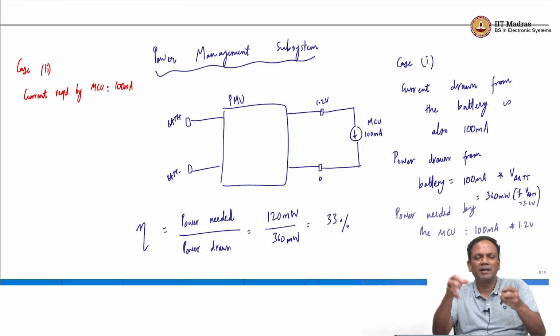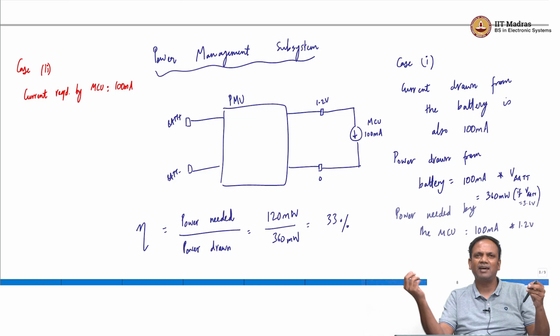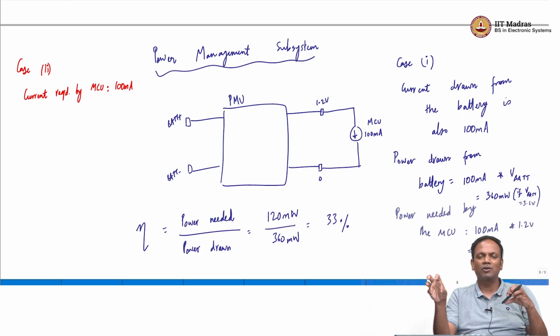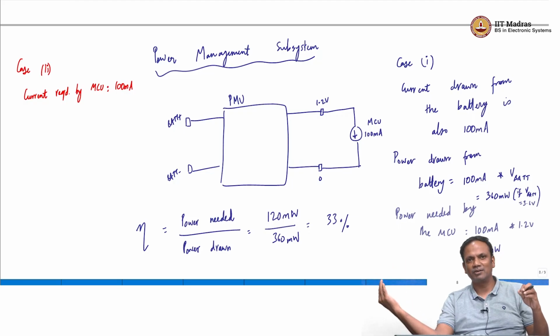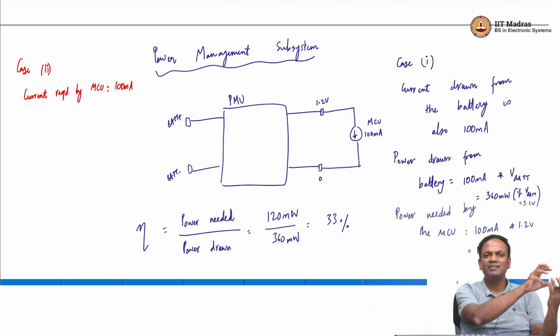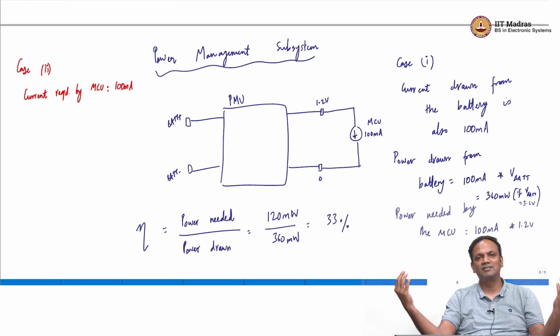That power it has to maintain somewhere, and then over time it will average out. In other words, if I go to an energy calculation, I need 120 milliwatt of power all the time. That is my energy requirement on one side. The energy available on the other side is 360 milliwatt 33% of the time. So, now energy at the source matches energy at the output.